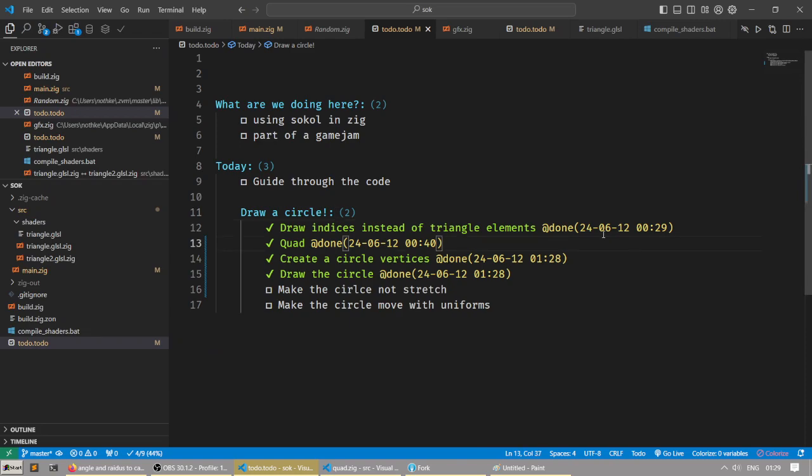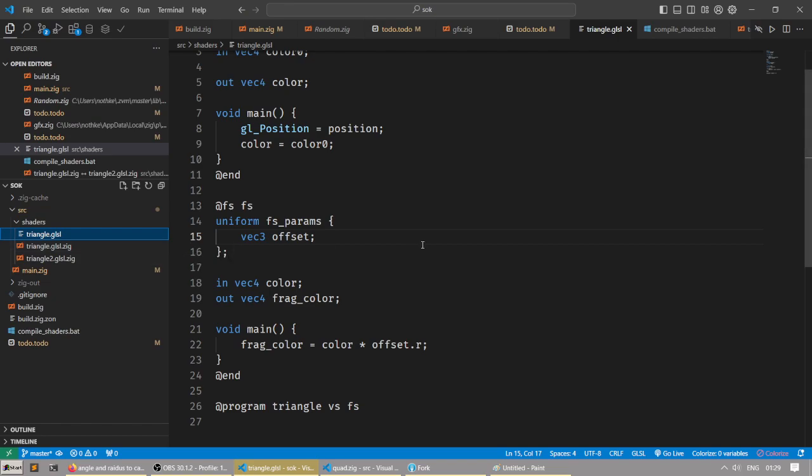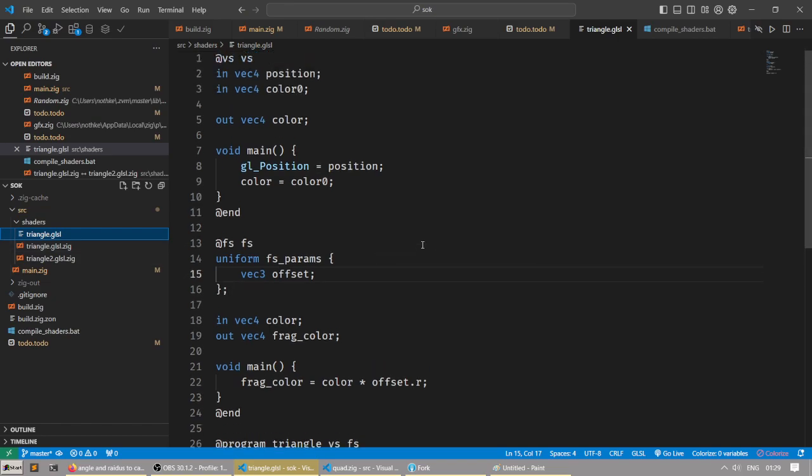So what we need to do is basically pass in a scale into the GLSL.